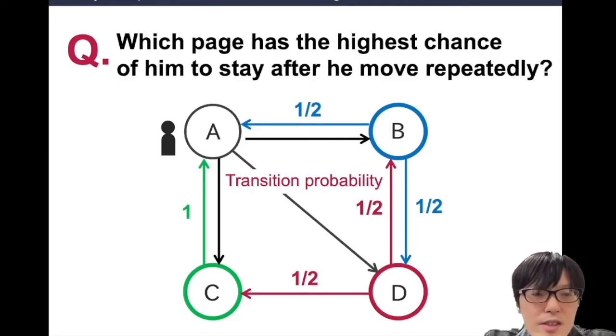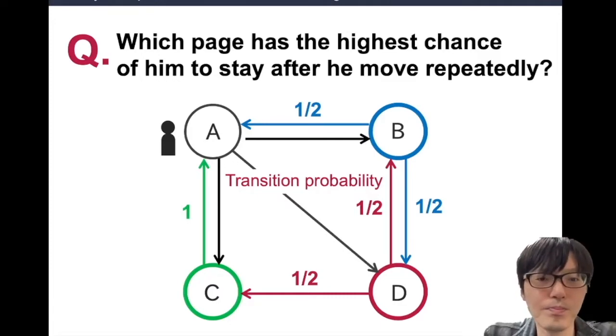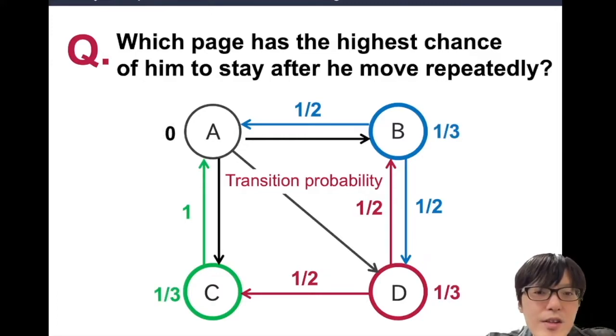And so transition probabilities on each web page are like this. For example, page B has 2 outlinks. If this user stays on page B, he will move from page B to page A with 1/2 probability. I show the transition probabilities and the user's probabilities to stay on each web page after the first transition on this graph.